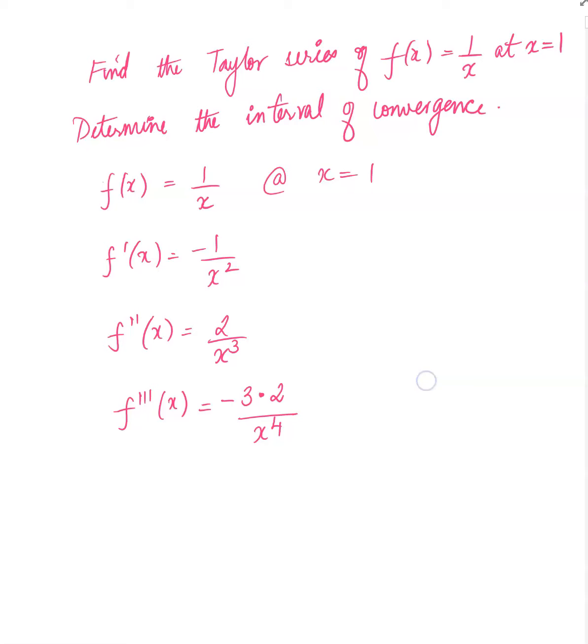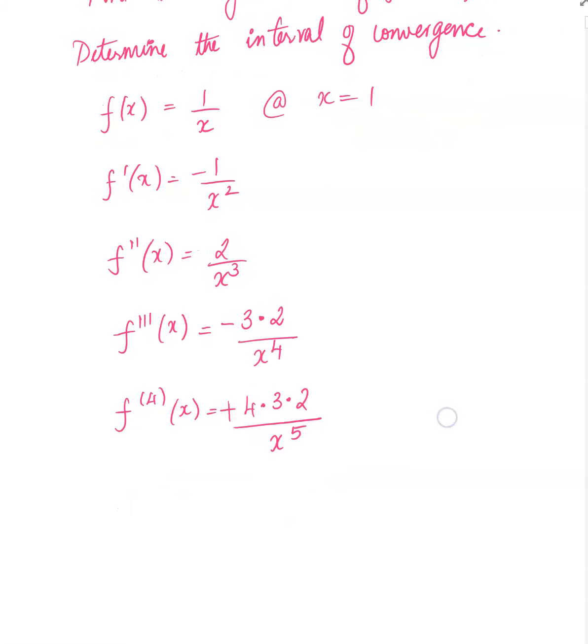Trying to build a pattern here, because they want us to find a Taylor series for the function. So that becomes a positive actually, because it will be a negative 4. So 4 times 3 times 2 over x power 5 and so on.